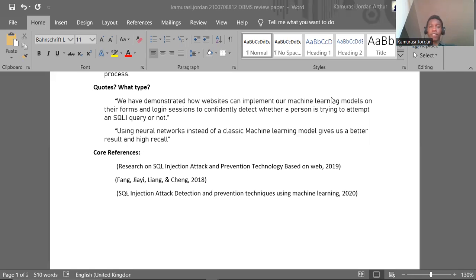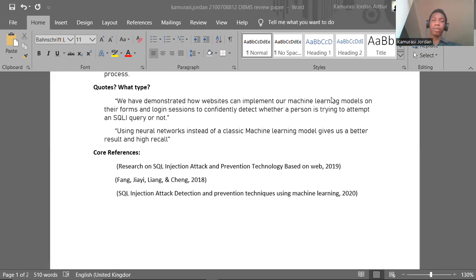Then core references. You can check out research on SQL injection attacks. These are some of the most important references.